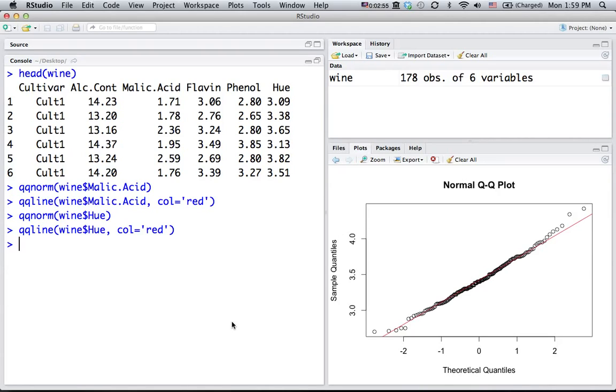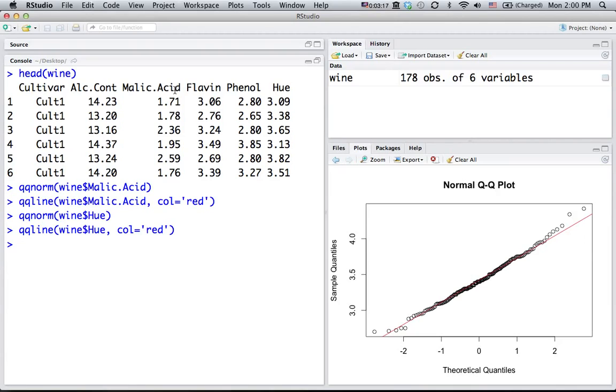Now, if we really wanted to use parametric methods for the malic acid variable, which remember was not normal, we can try to do a transformation of some kind. A common transformation is a log transformation, where we take all of these values in malic acid and take their logarithm, and then reassess the distribution to see if it is now normal.